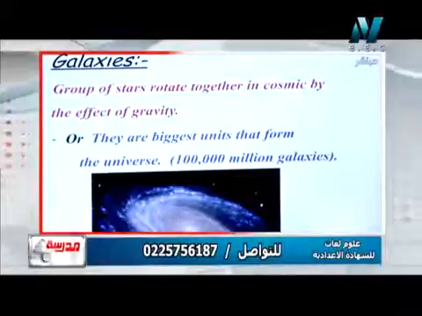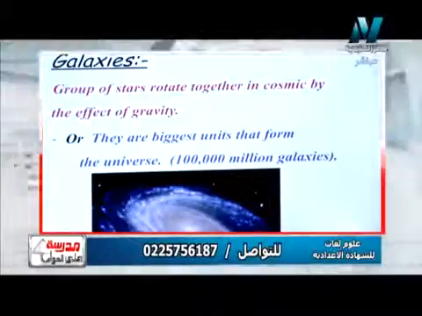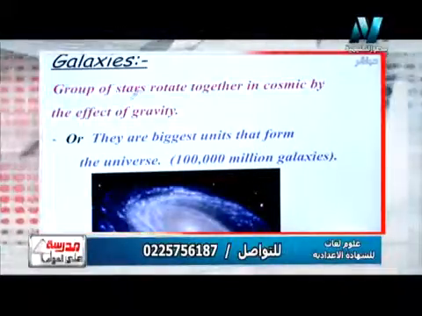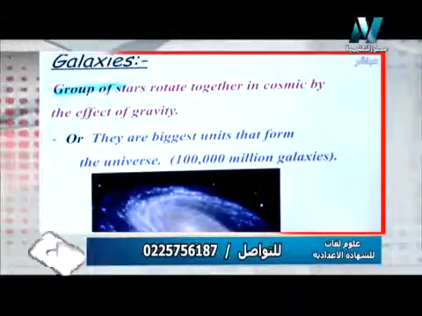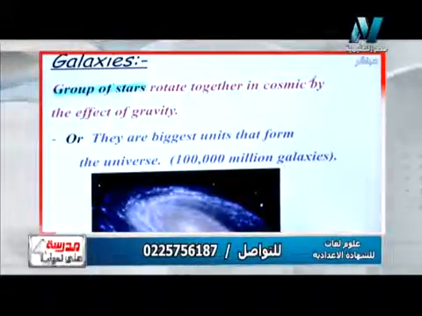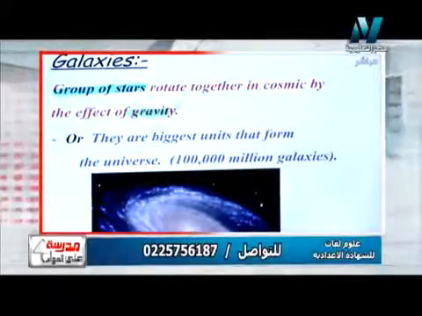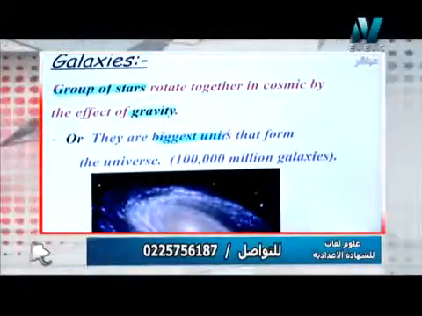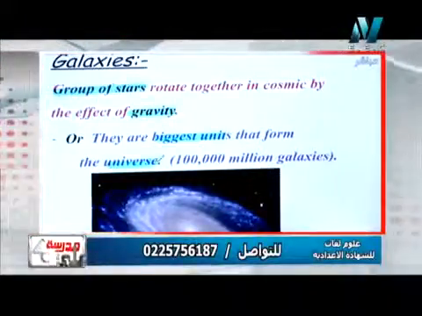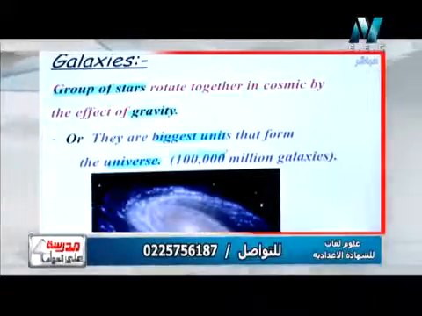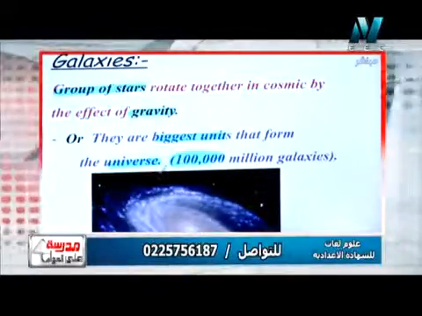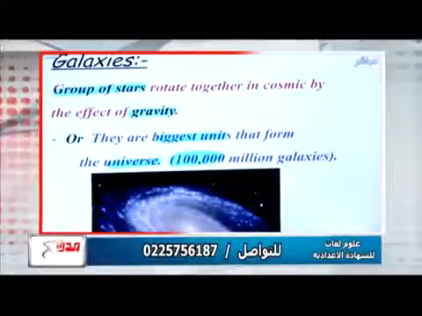So the definition of a galaxy is a group of stars rotating in cosmic space by the effect of gravity, or the biggest unit of the universe. And we have about 100,000 million galaxies in the universe.